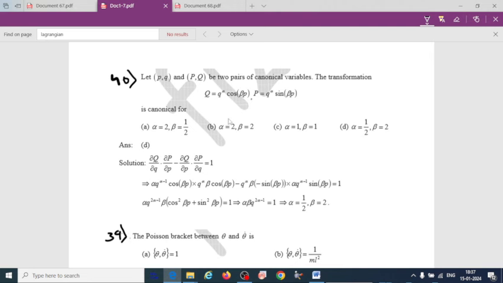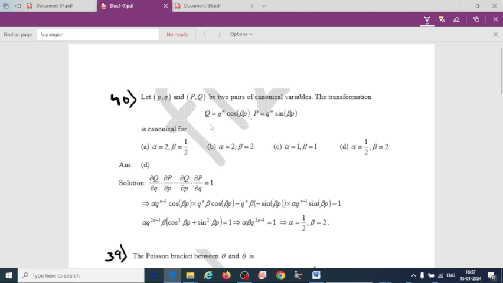First you should write the given condition, Q and P. We should take the Poisson bracket of Q comma P, which is equal to 1. Then if we write Q comma P in terms of the square bracket, we can expand it like this: dou capital Q by dou small q, the derivative of this Q and P with respect to small q and p.